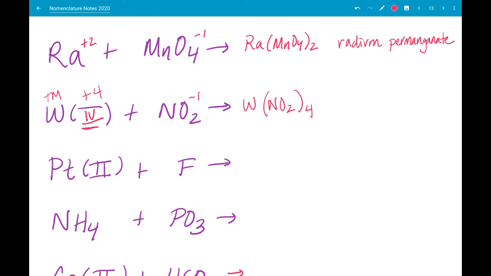Naming, we know it's a transition metal, which means it has to have a Roman numeral. So this is going to be tungsten (IV) nitrite. Make sure it's ITE, because a difference of one letter will change your formula totally.